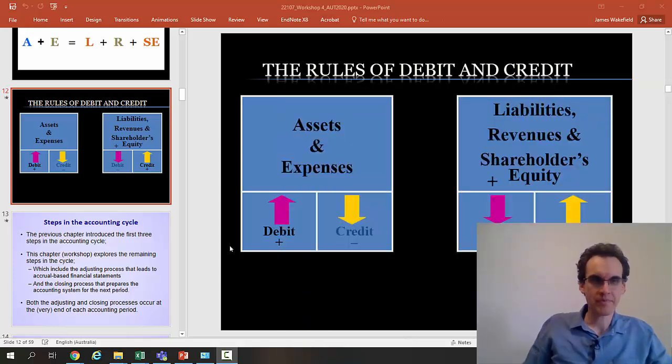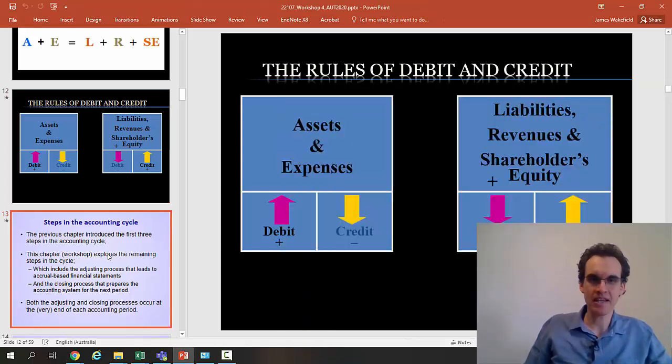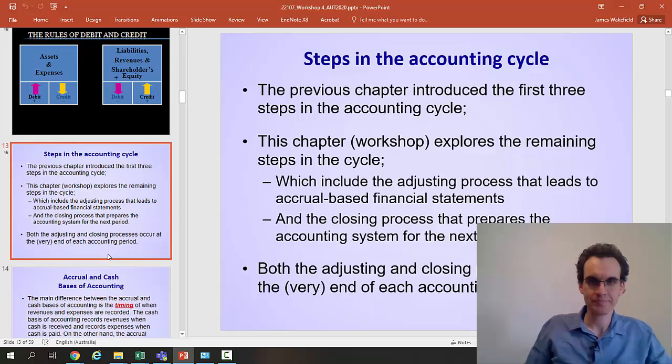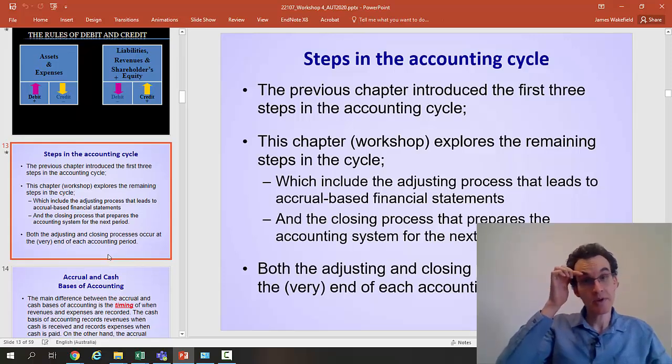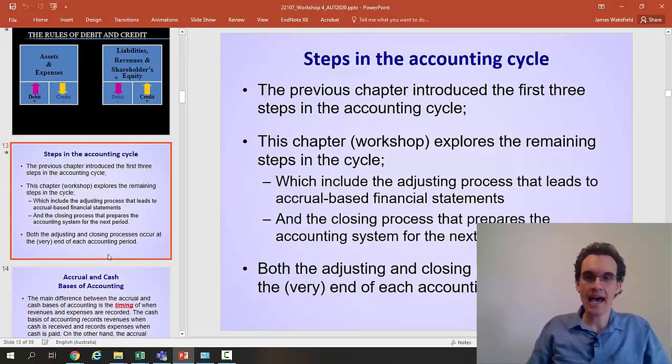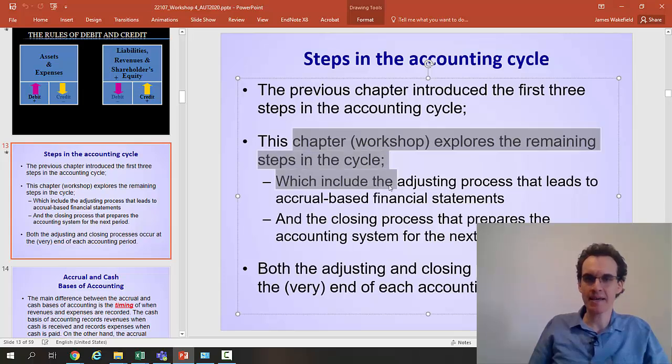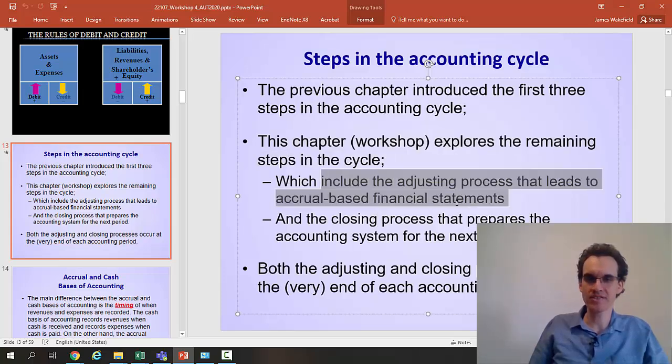Okay, so if we move on and look at the steps in the accounting cycle. Last week in the workshop, we looked at the first 3 steps, which were recording the accounting transactions, posting them to the T accounts, and then working out what the final account balances were so you could draw up your financial statements. Today, we look at the remaining steps, which is the adjusting process.